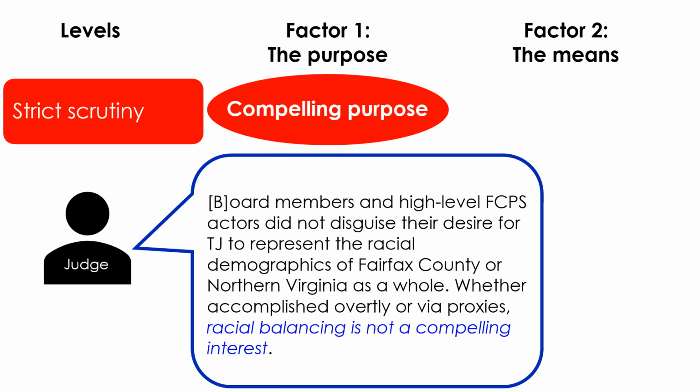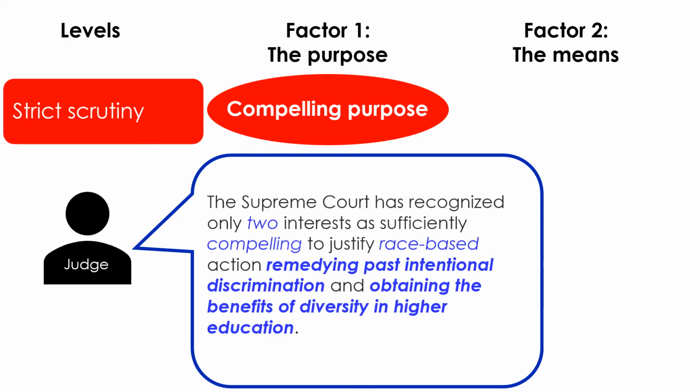Whether accomplished overtly or via proxies, racial balancing is not a compelling interest. The Supreme Court has recognized only two interests as sufficiently compelling to justify race-based action: remedying past intentional discrimination and obtaining the benefits of diversity in higher education.